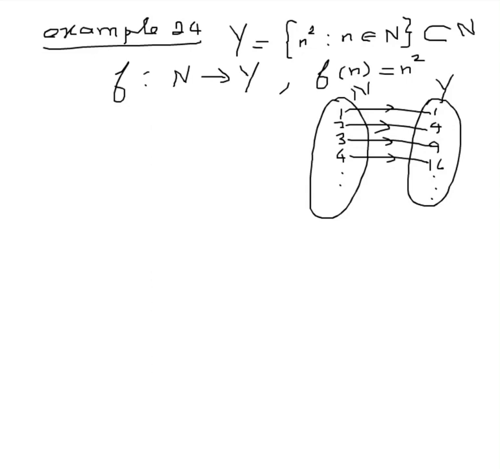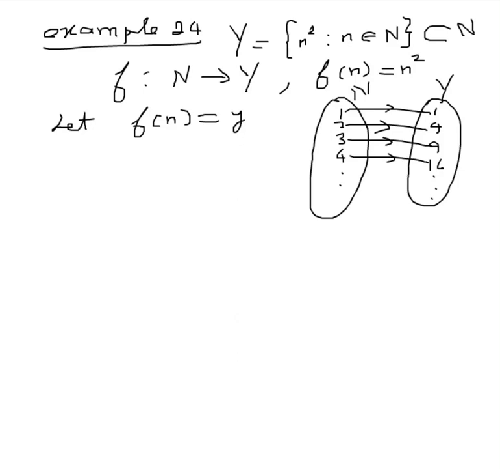Show that f is invertible. So it has to be a 1-1 and onto function, and find the inverse of f. We can use 1-1 and onto method, or we can use g composite f and f composite g method. So let us take f of n as y. Usually we take f of x is equal to y, but here the definition has been given in terms of n.